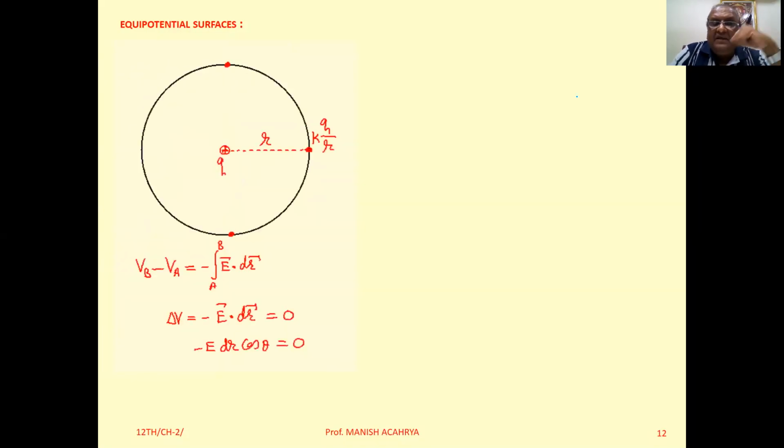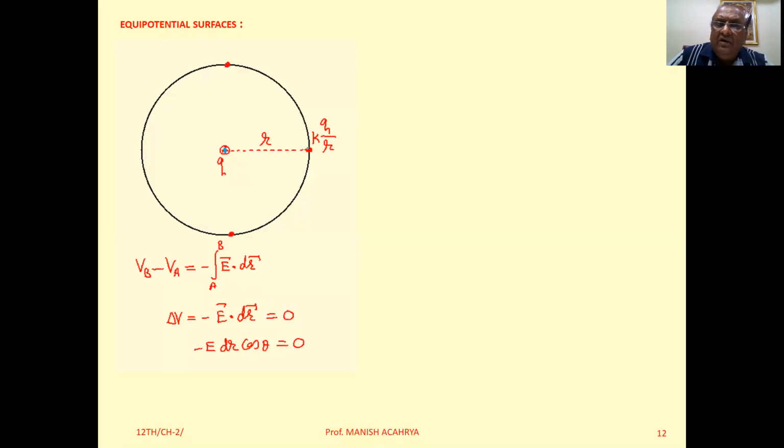Let's try to understand this thing with an example. Suppose we have a point charge Q. Now, considering this point charge Q as a center, imagine a spherical surface having radius equal to small r.